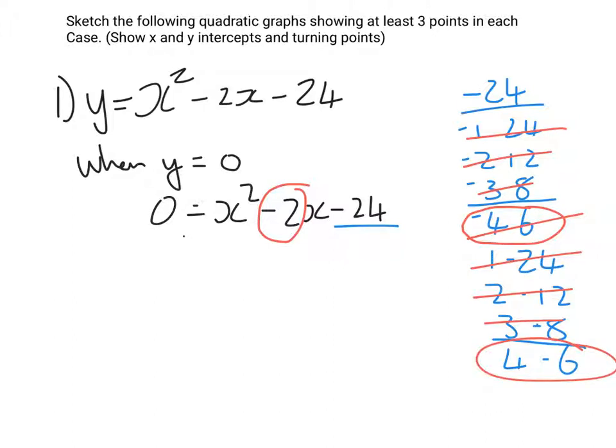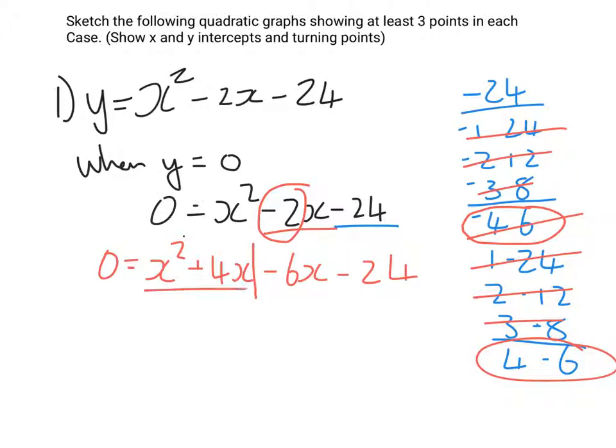Which means to get this negative 2x, I want to have a plus 4x and a minus 6x. So 0 equals x squared plus 4x minus 6x minus 24. And then we cut this in half and we factorize these two terms, x times x plus 4. My bracket over here must be identical, so x plus 4.